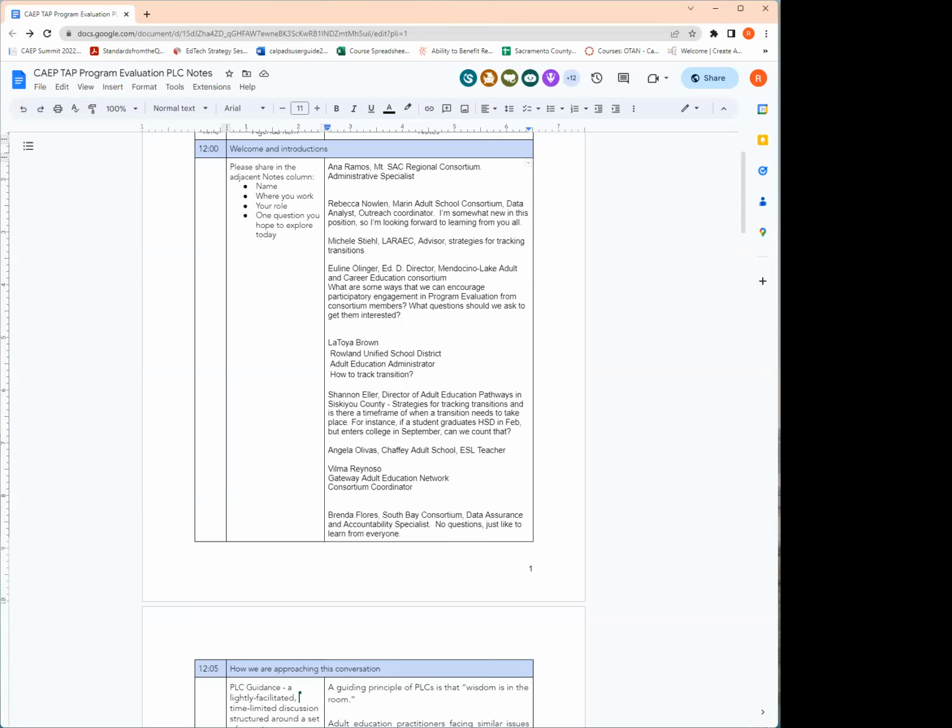We came up with a local policy because we didn't really know the answer. We said if it's within like a year of the transition, we're going to count it, but I wanted to make sure I wasn't doing anything inappropriate.